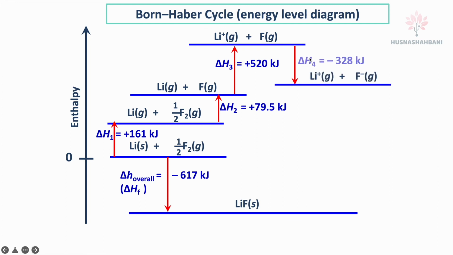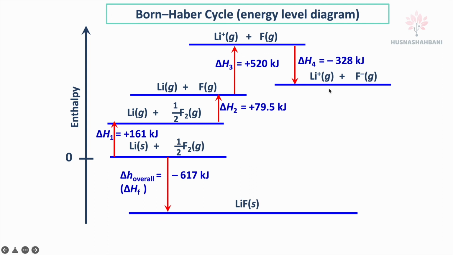Write the value of it, and you will get the product. This electron affinity means you ionize the F, and it will become F minus. You didn't do anything for Li, so just copy back Li plus gas. Here the electron affinity is negative 328 kilojoules.